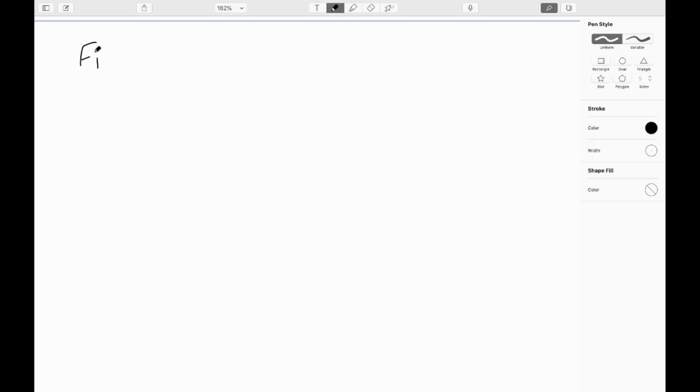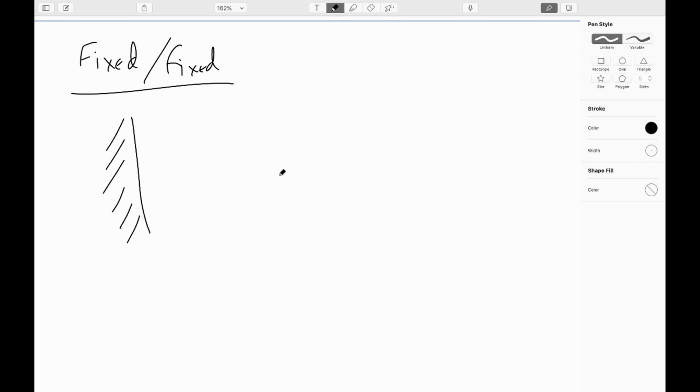So the first case we'll look at is if both ends of the string are fixed. So for instance, any stringed instrument pretty much, a guitar, violin, whatever, this is what you'll have.